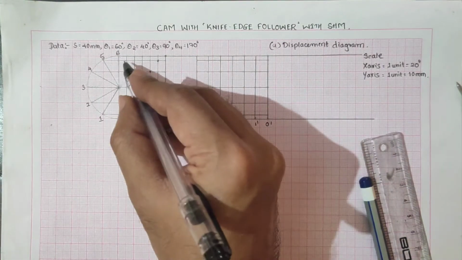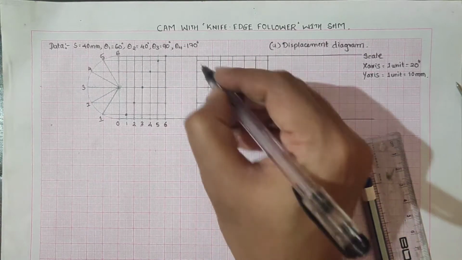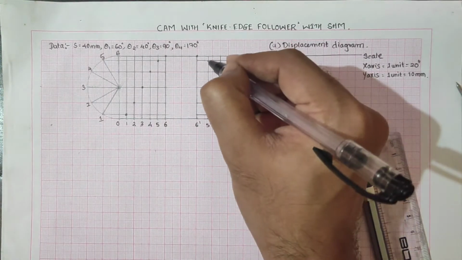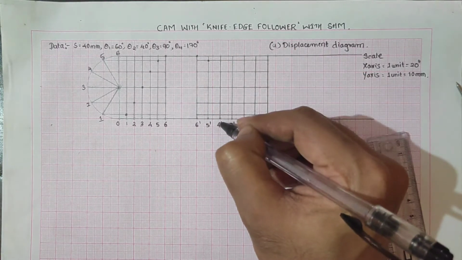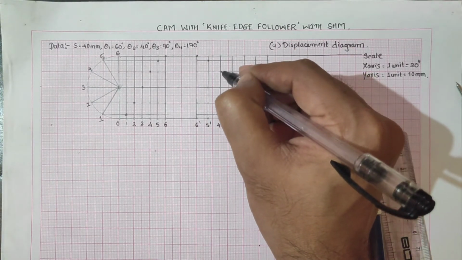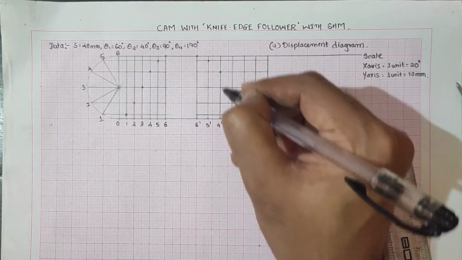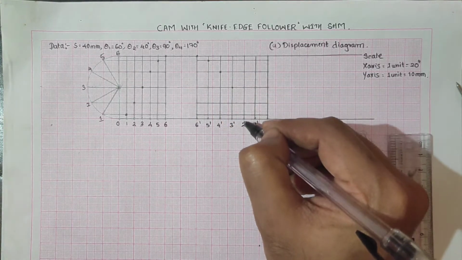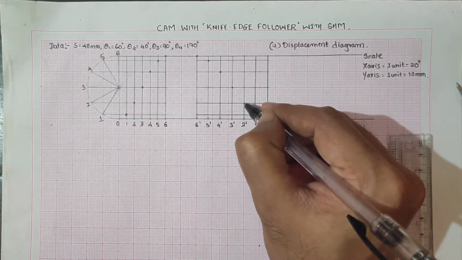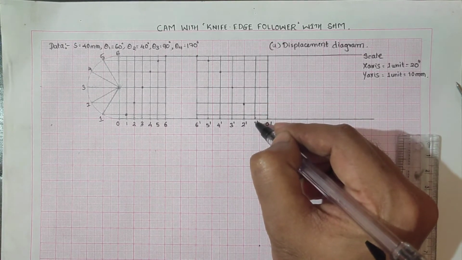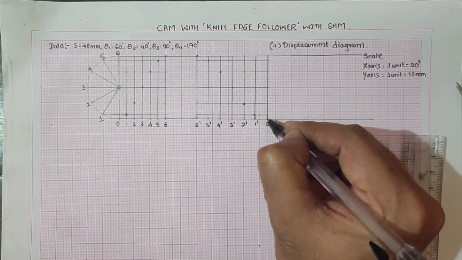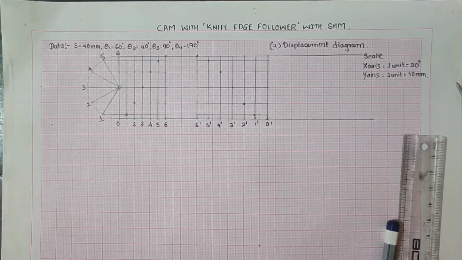Similarly, we have to identify 6 intersecting with 6 dash, 5 dash intersecting with 5, 4 dash intersecting with 4, 3 dash intersecting with 3, 2 dash intersecting with 2, 1 dash intersecting with 1, and 0 intersecting with 0.